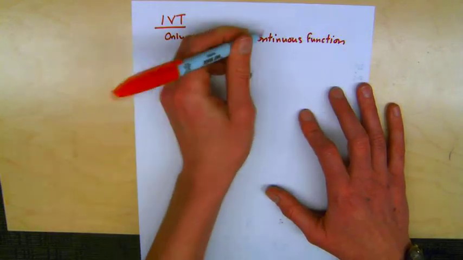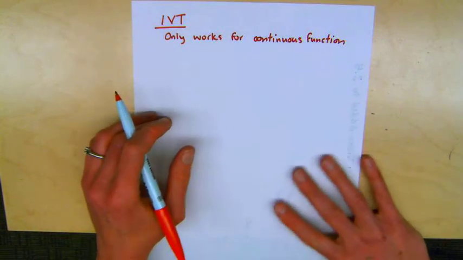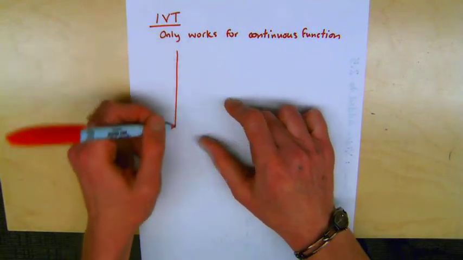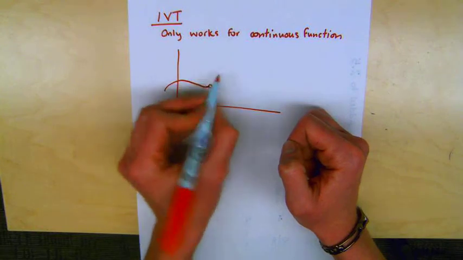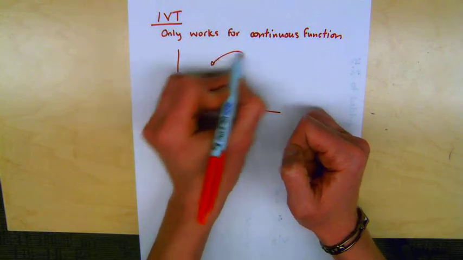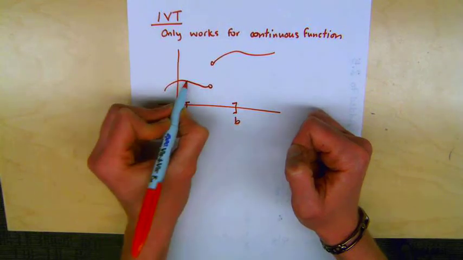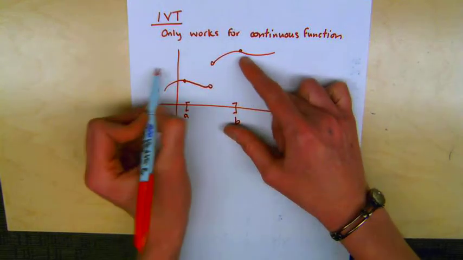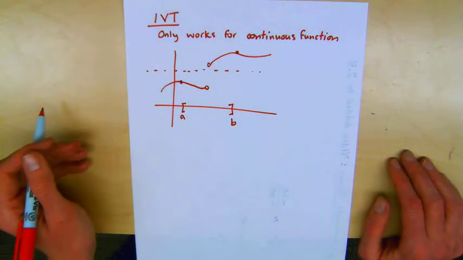And there are times that maybe algebraically you're presented with a function that's not continuous, and it means that your function might not take on every value in between if there were gaps or holes in your original function, right? On this closed interval from A to B, I see that because this original function wasn't continuous, I'm not going to hit every possible y value. Y values in this range are not going to be used.